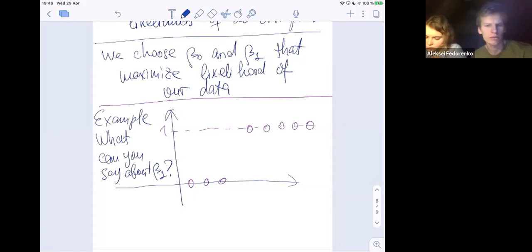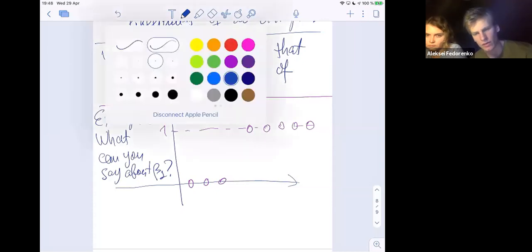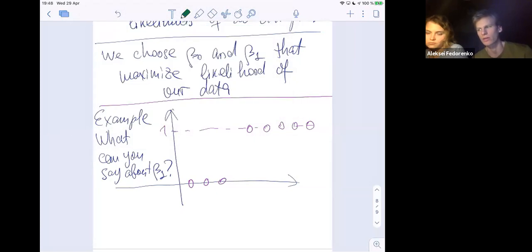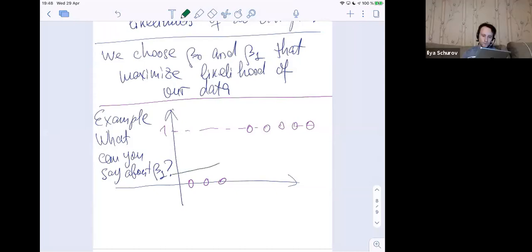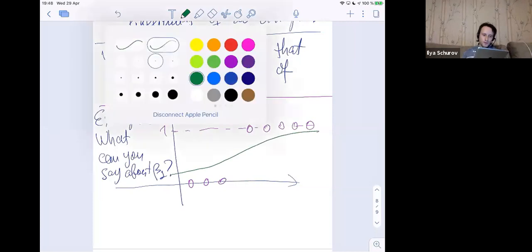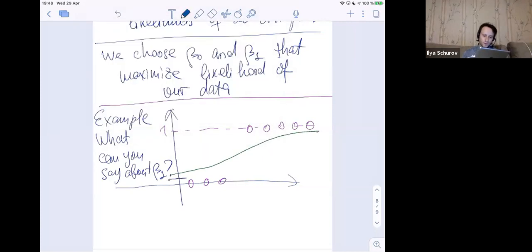Maybe it should be relatively high because the 0 data points don't overlap positive data points. Yes, let us consider three curves.